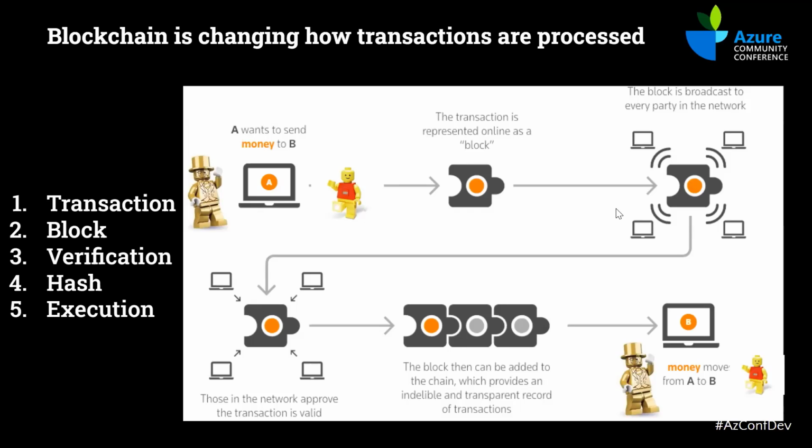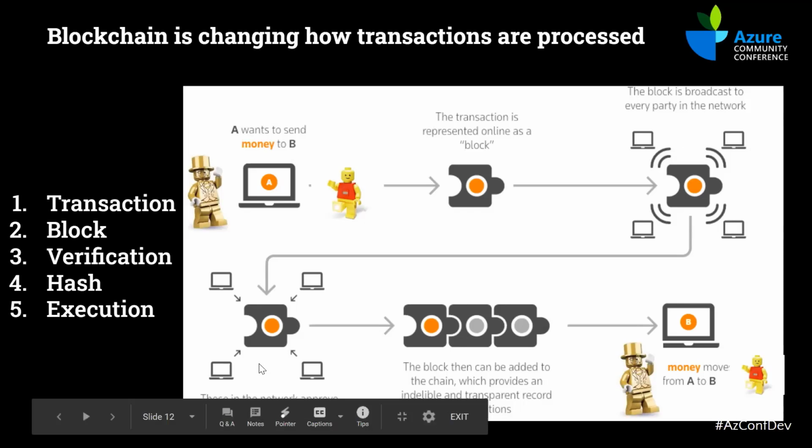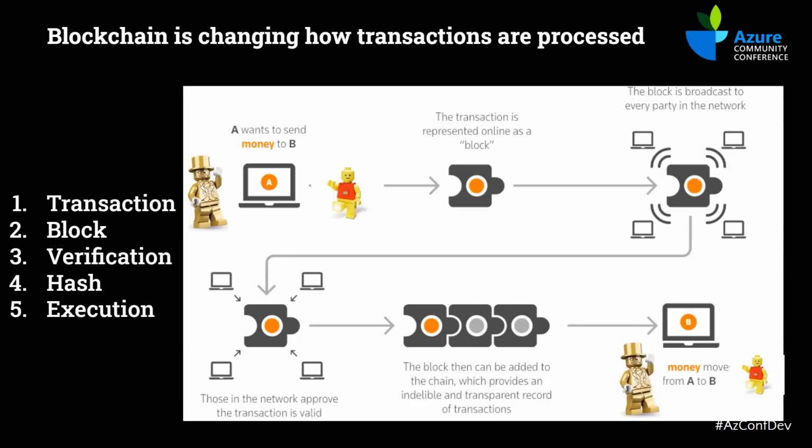Post the block is broadcasted to every party in the network, those in the network will approve the block by doing some verification behind. Once the block is approved, once the transaction is approved, then that particular block, which has other transactions as well, is added to the chain, thereby creating an indelible and transparent record of all the transactions that have happened so far in the blockchain.